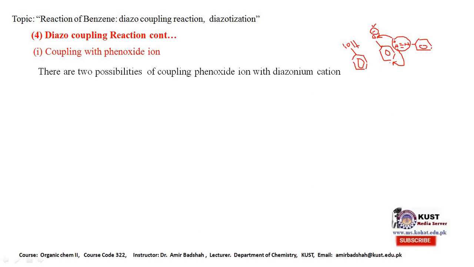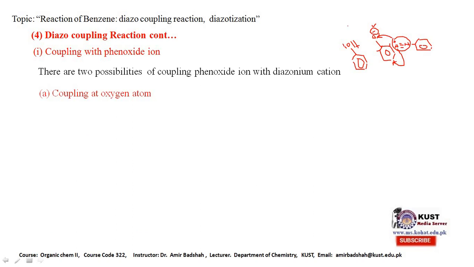It can couple at the ortho position as well as at the para position, because here the electron density is more and the oxygen is an ortho-para directing group. However, mostly the coupling will occur at the para position. The reason is that at the ortho position there is another effect involved, called the steric effect, and due to the steric effect mostly this diazo group will try to couple at the carbon present at the para position.